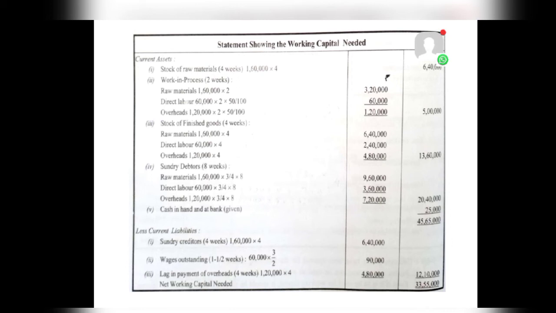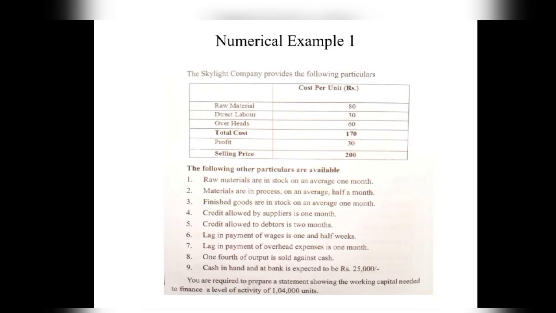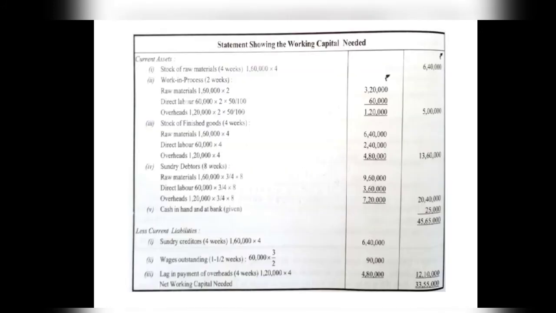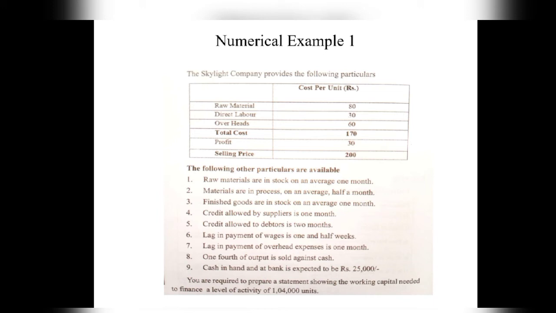Then the fourth current asset is the sundry debtors. Now about sundry debtors in the example, the point is the fifth point, credit allowed to debtors is 2 months. So 2 months will be equivalent to 8 weeks. So in the brackets we write 8 weeks. Again debtors also we need to calculate element wise. Now here in the example they have told about the sales.